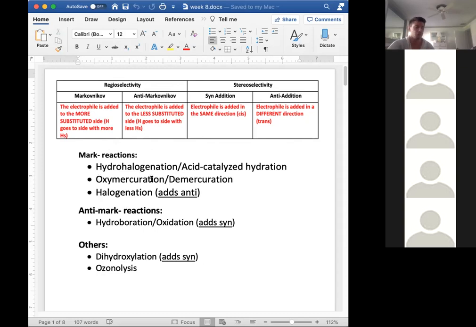If there's something with mercury in it, you can have oxymercuration. If you have a diatomic halogen like Cl2, then you're going to have halogenation. If you have a boron, like BH3, you're going to have hydroboration. So there are telltale signs to help you figure this stuff out.